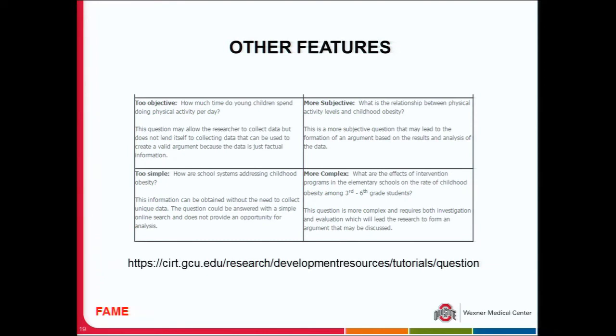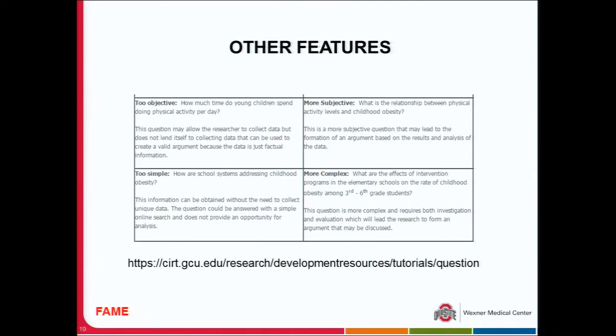We do want to be simple, but we can be too simple. How are school systems addressing childhood obesity? Again, that's asking too broad a question, and also you may be able to do that just with an online search without doing your own investigation.